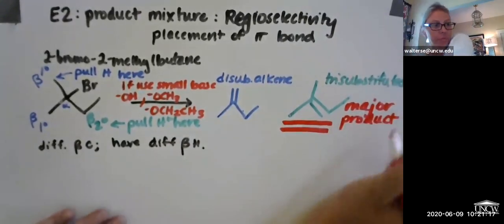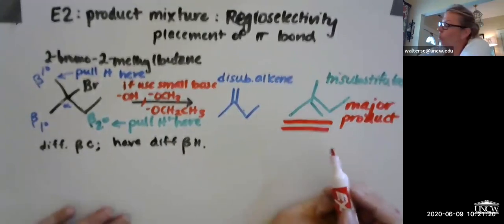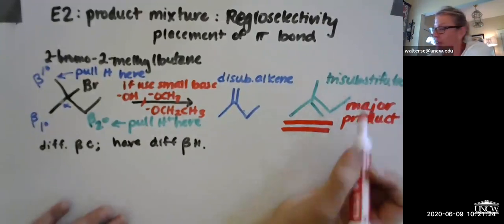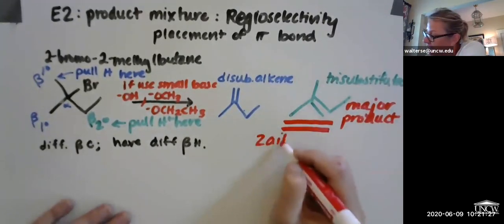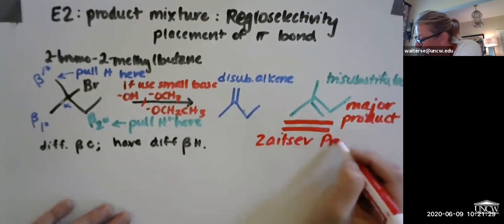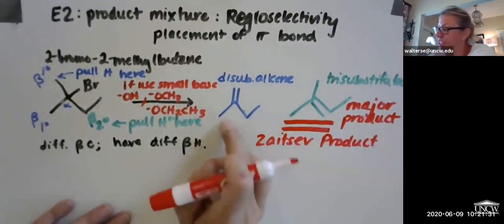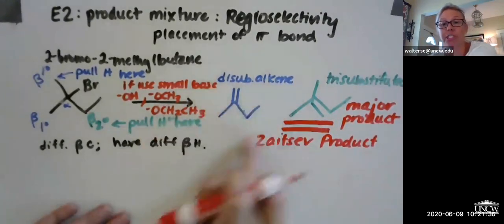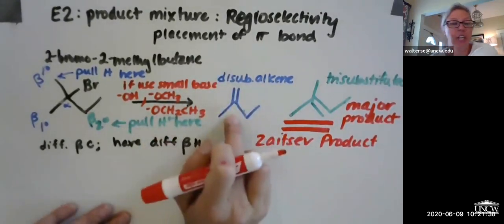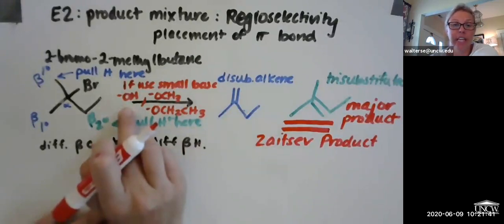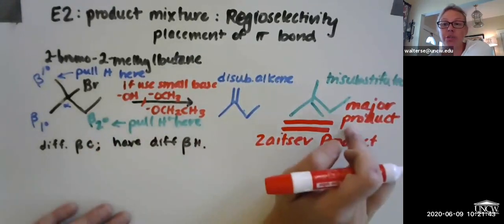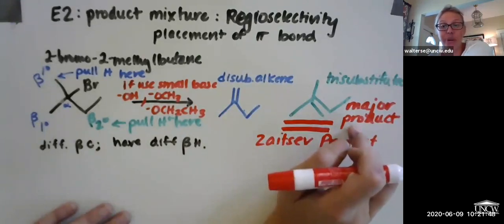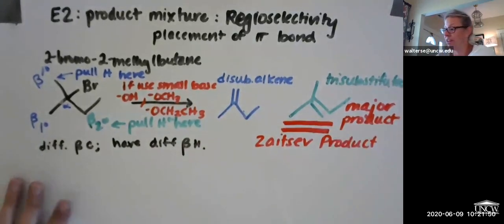This major product, the higher substituted alkene, that's called the Zaitsev product. You still get some of this, but it's considered a minor product. So if the purpose was to make this alkene, you wouldn't use a small base, because your small base is going to cause the formation of the Zaitsev product, the more highly substituted alkene.